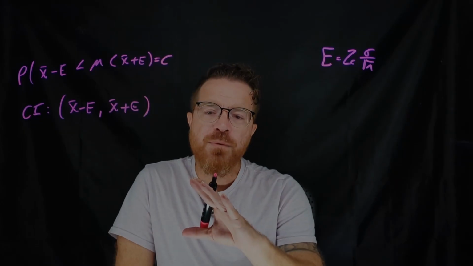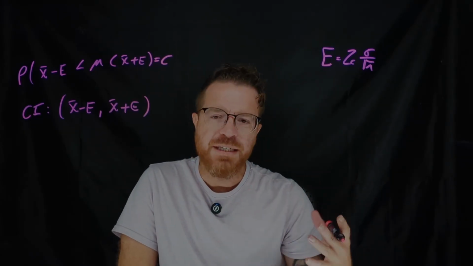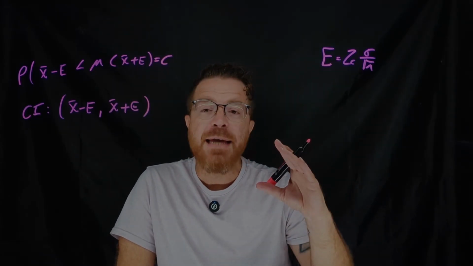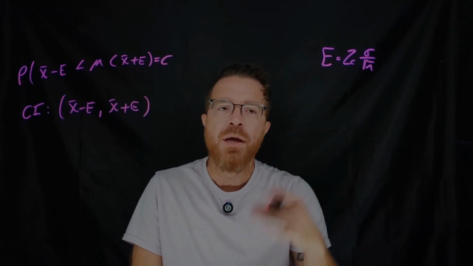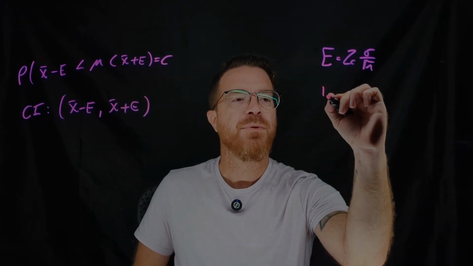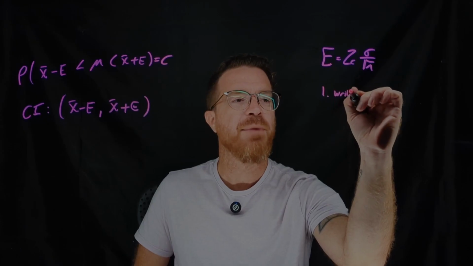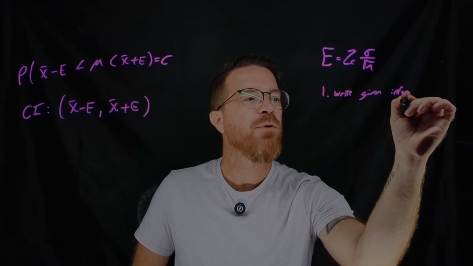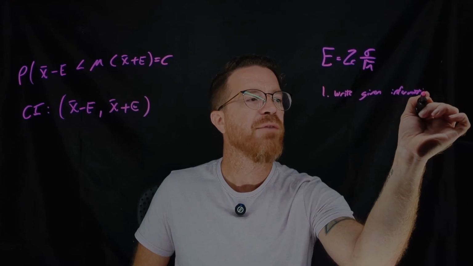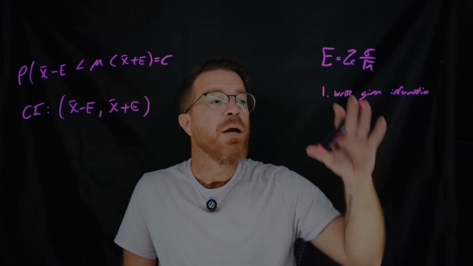So the last thing we're going to do before we end this video, and I'll do examples in the next one, is talk about the steps you take whenever you do a confidence interval. The first step I would always do is write your given information. That is to say, whatever word problem or information you have in a setup, write that down.